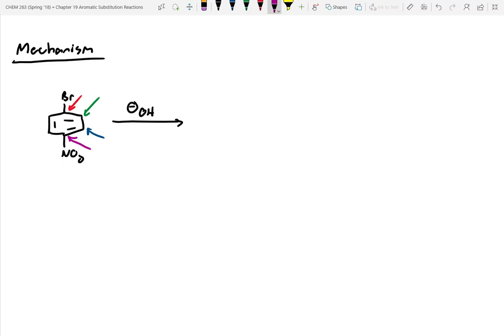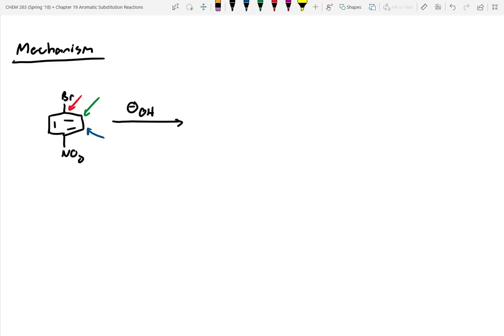All right. Besides that, let's think about the electron poor sites on the aromatic ring. Where are the electron poor carbons? Yeah, the nitro group's strongly electron withdrawing, which means your ortho and para carbons are going to be electron poor, right?